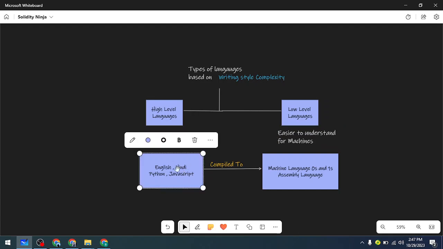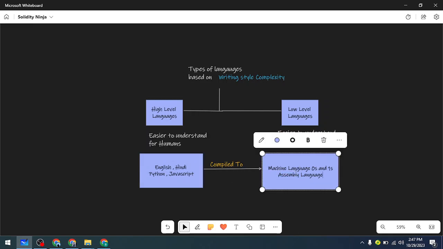For example, English is a high level language that is close to humans. Hindi, Python, JavaScript are closer to humans than machines. And machine language, which operates in zeros and ones, is the native language of computer systems, and assembly language operates in opcodes like push zero, pop zero, and all that.